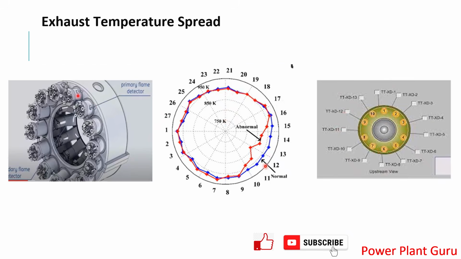These are the combustion cans arranged in a circumferential arrangement, and the number of cans differs based on the type, make and model of the gas turbine. The image on the left and the image on the right are not of one single type of machine; both belong to different types of machine.